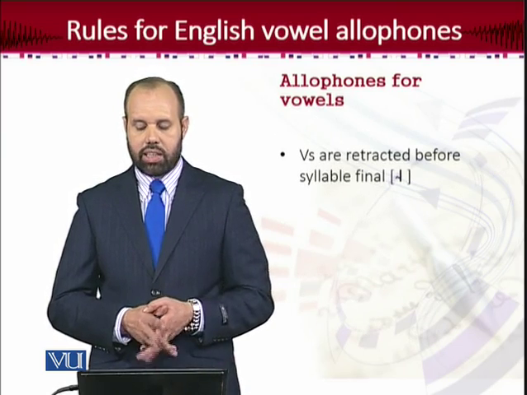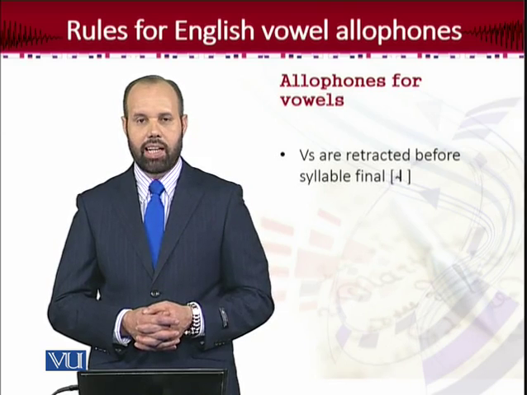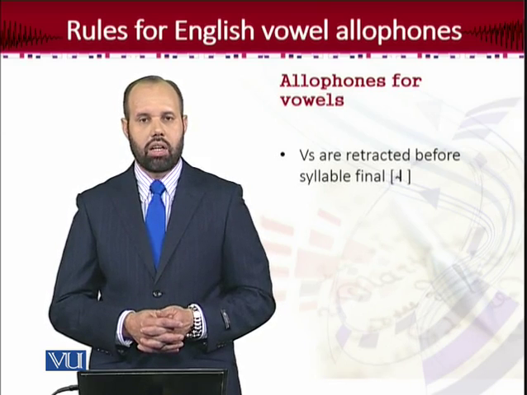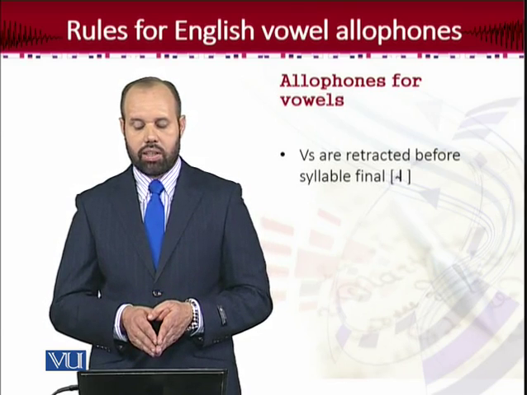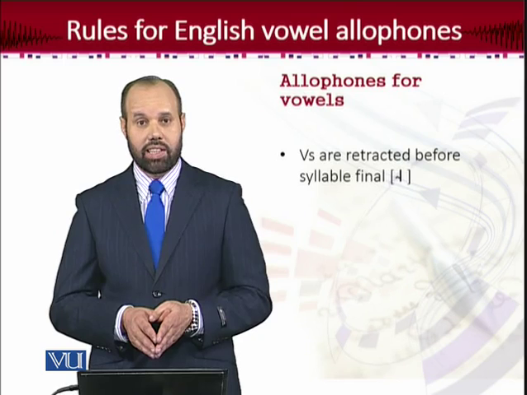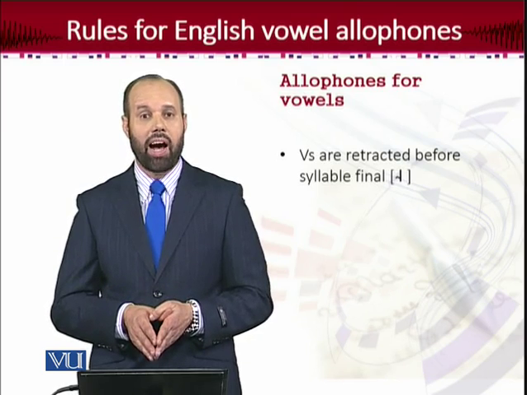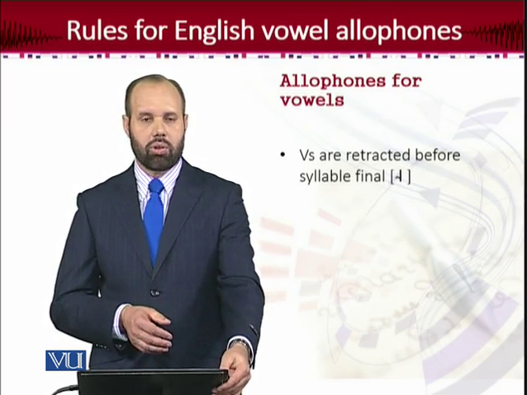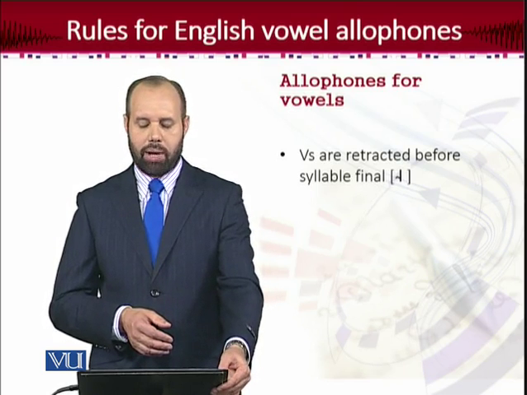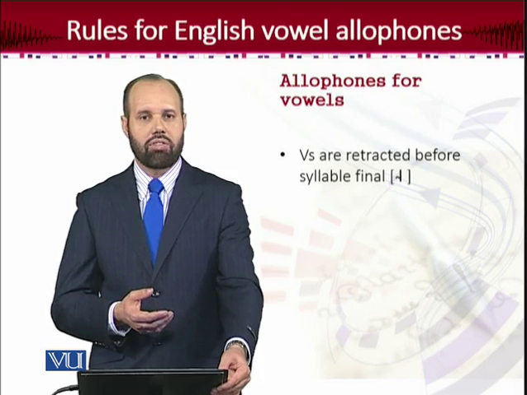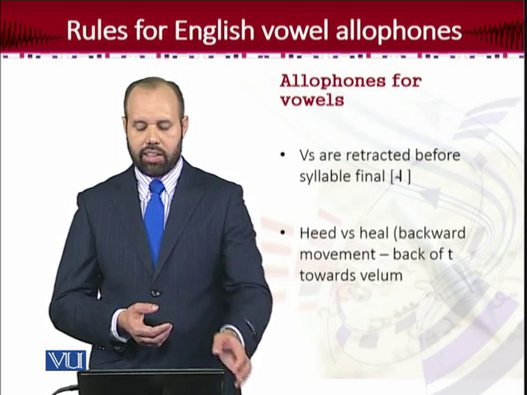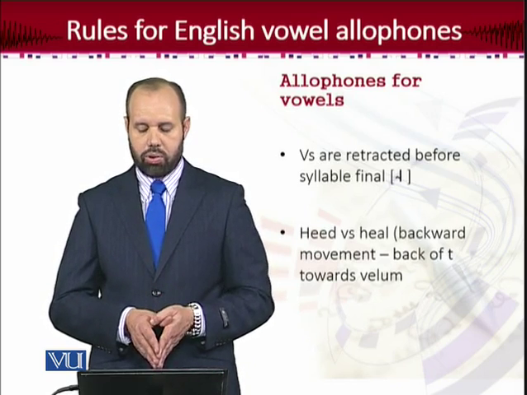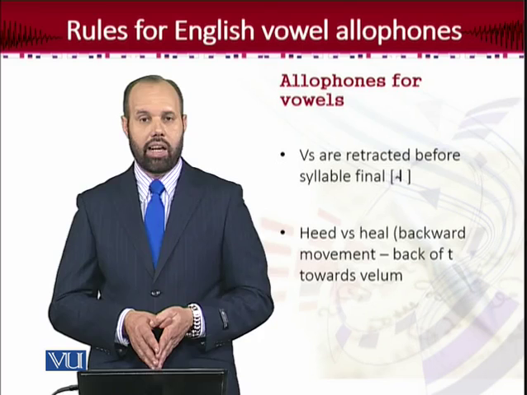Vowels are retracted before syllable-final l. When the l sound takes place at the end of a syllable, the vowel would be retracted, like in words like pile or fill. The l sound is also called the dark l, by the way, but we are talking about the allophonic variation of vowels. So this vowel is retracted. The retraction example is also there in heed and heal.